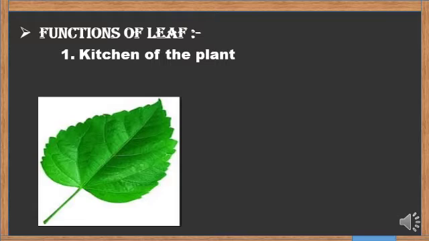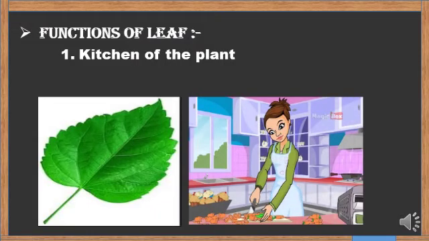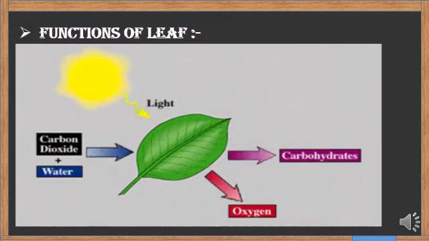Children, where do we cook the food at home? Yes, obviously in the kitchen. Mama cooks the food in the kitchen. In the same way, the leaf is the kitchen of the plant and cooks the food by the process of photosynthesis. Photo means light and synthesis means putting together.